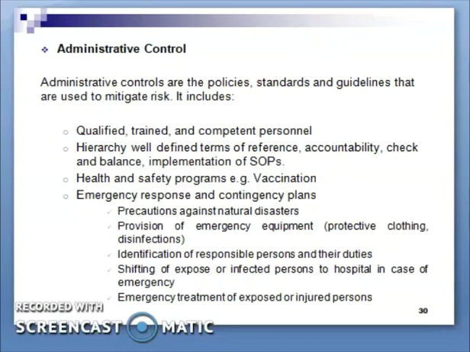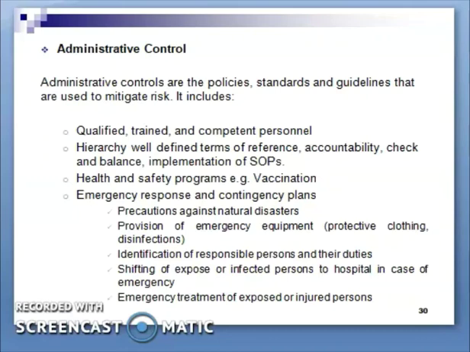The administrative controls are the policies, standards, and guidelines that are used to mitigate risk. It includes qualified, trained, and competent personnel, hierarchy, well-defined terms of reference, accountability, check and balance, implementation of standard operating procedures, health and safety programs, for example, vaccination of the workers in the lab, emergency response and contingency plans.